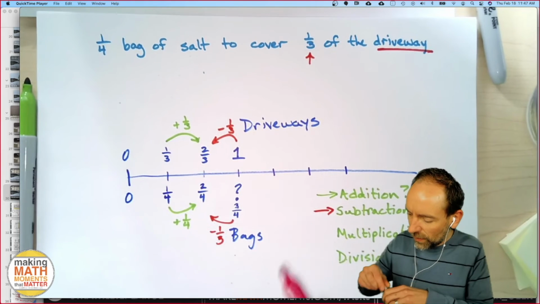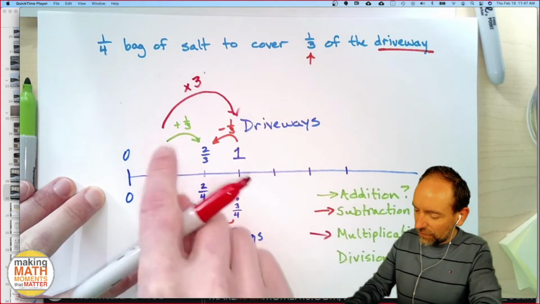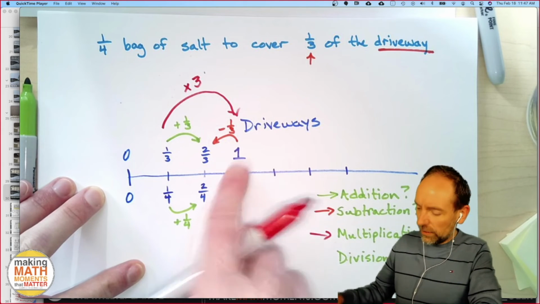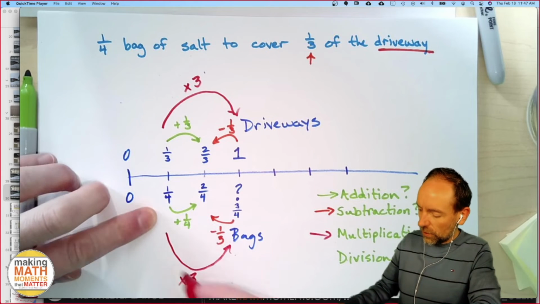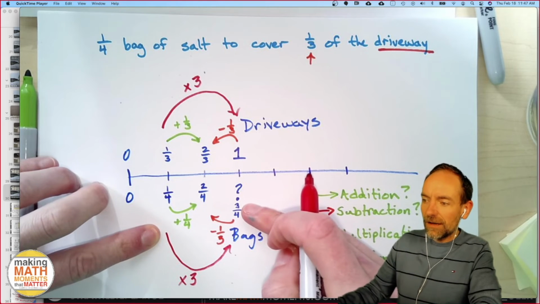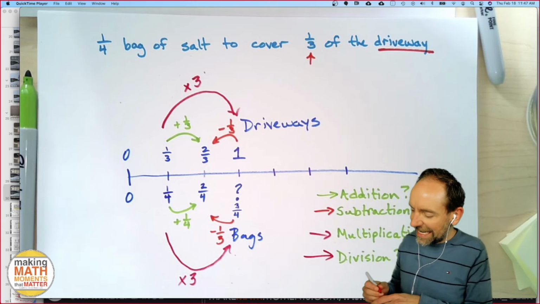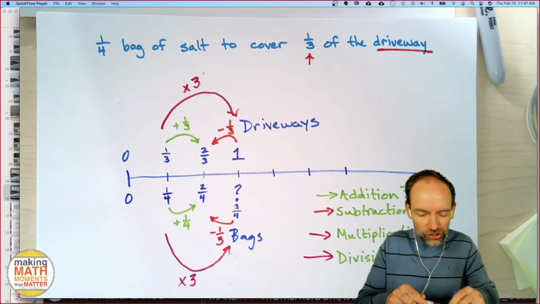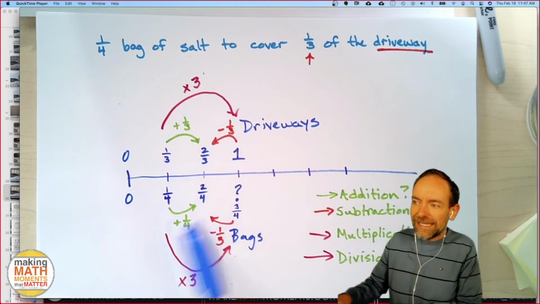Notice I'm using the word strategy because that might be how you went about finding the answer. When I look at multiplication, that could work too, right? I know that I need to do this 3 times 3/3 in order to get me a whole driveway. Holy smokes. And then I could do 3 times 1/4 to get 3/4 of a bag. And I'm going to argue that the way the question stated, what we're actually doing is solving a division problem, but you may have used these other operations in order to get you there.